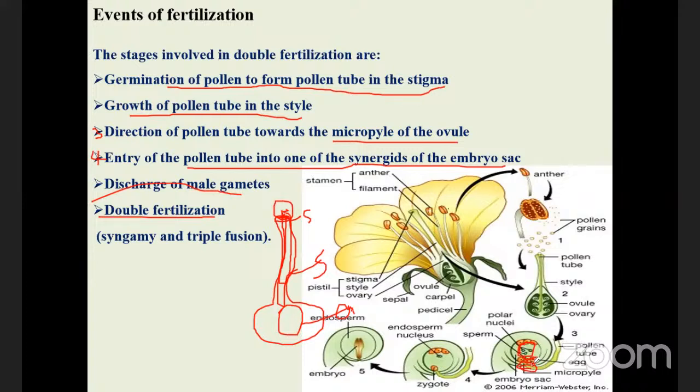These two male gametes fuse with two different cells, one with the egg cell, the second with the polar nuclei. Fertilization takes place two times, that's why we call it double fertilization: syngamy and triple fusion. All this process is called fertilization. You have to write these fertilization steps, and for that you will get the marks.